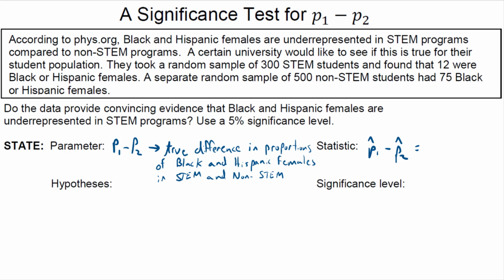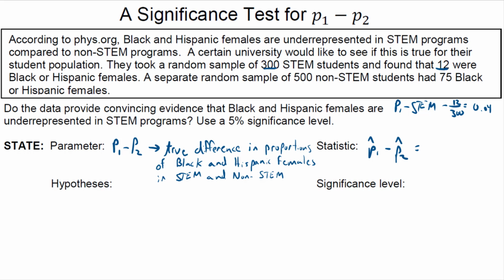Well, for P1, we're talking about the setup for STEM, right? Because STEM is your P1. So we'll just go ahead and label that so that we know what we're talking about. And P1 is STEM, and so therefore it says we had 12 out of 300.